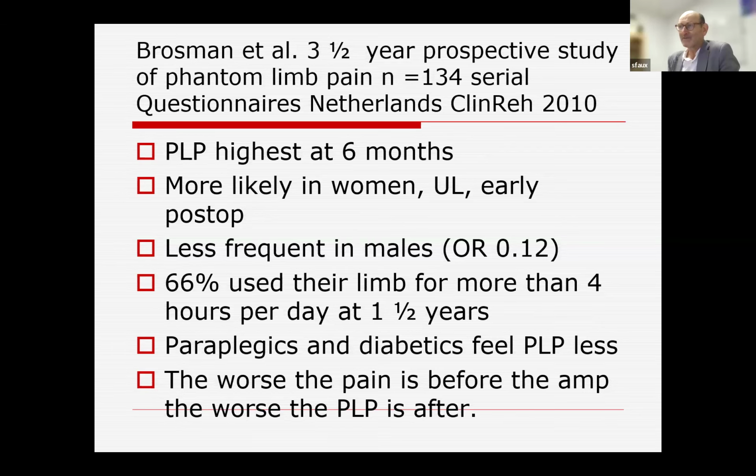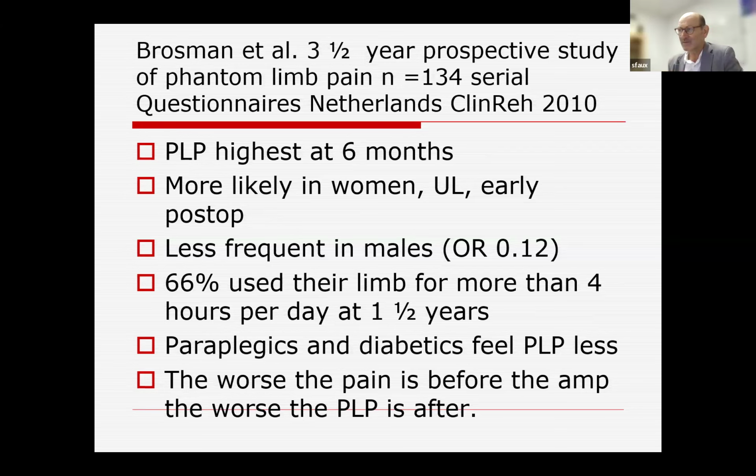It's less frequent in males, but it's only a tiny bit less frequent in males. 66% of people with phantom limb pain use their limbs for more than 4 hours a day by 1.5 years. Paraplegics and diabetics can also feel phantom limb pain, although far less. Diabetics because of the effect on the nervous system, paraplegics because of long-standing effects on the spine.